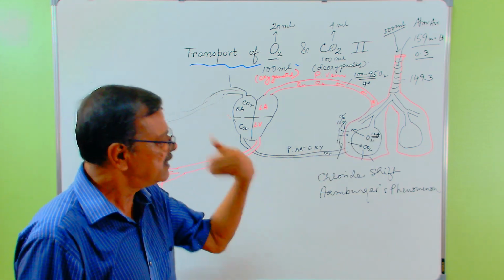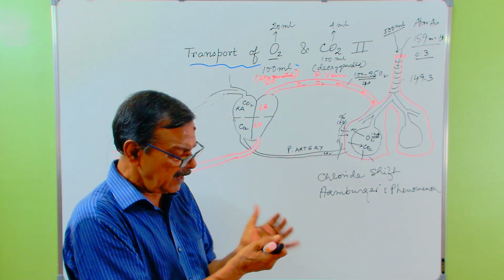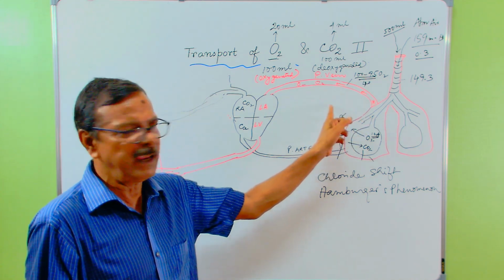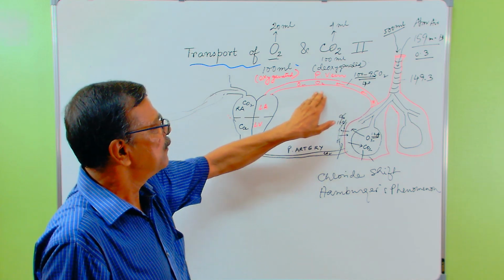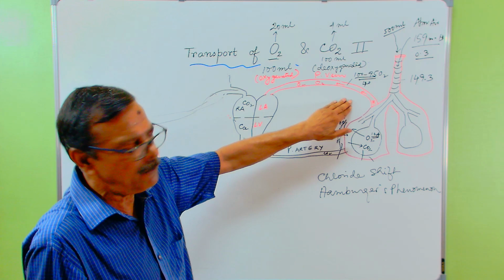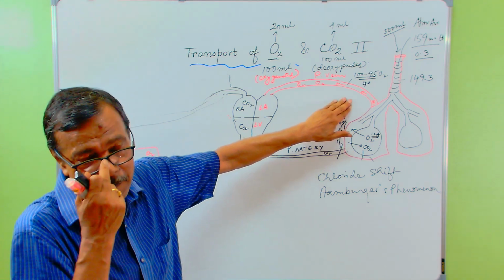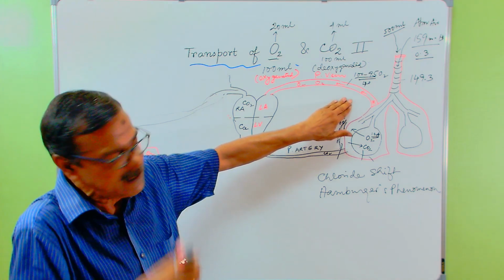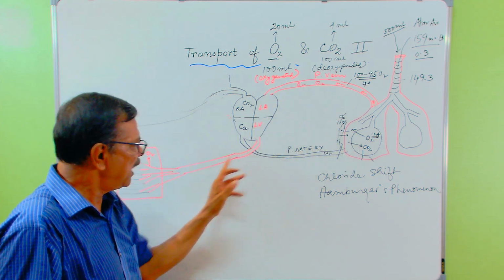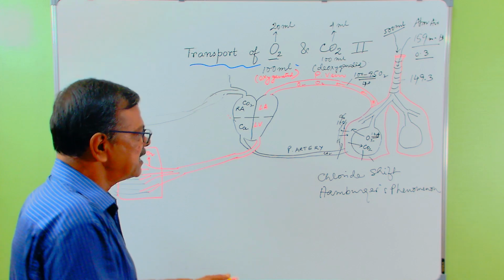Second sentence, the pulmonary capillaries join to form the pulmonary vein, with fully loaded oxygen, it has oxyhemoglobin and 0.3% dissolved in plasma, it goes to the artery. Then you can skip that one.